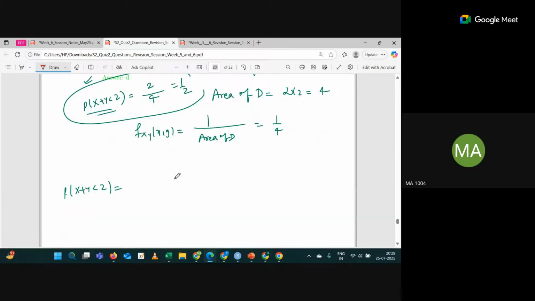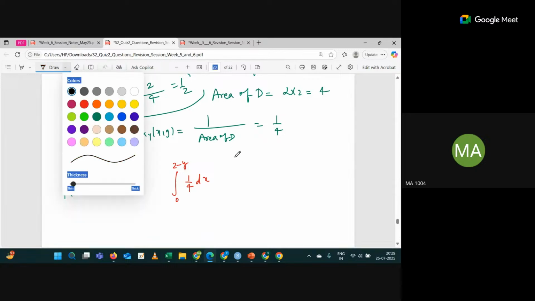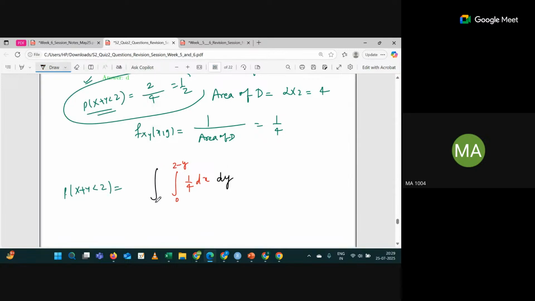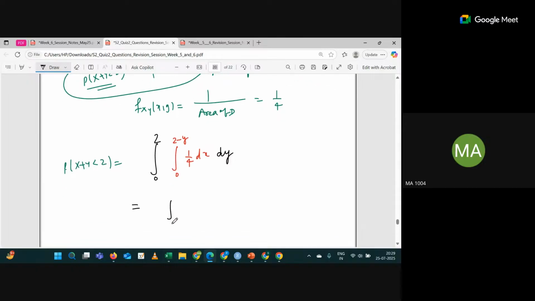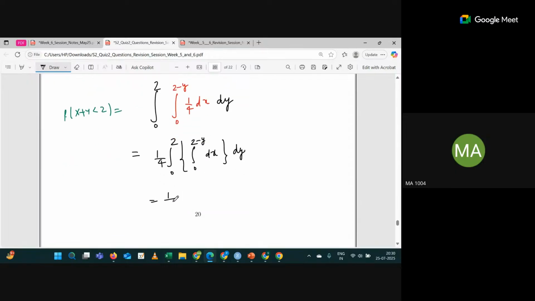I will integrate 0 to 2 minus y of 1 by 4 dx, and the limit for dy will be 0 to 2 only. Are you getting my point? I can take 1 by 4 outside, so I have to integrate 0 to 2 minus y dx, then dy, from 0 to 2.